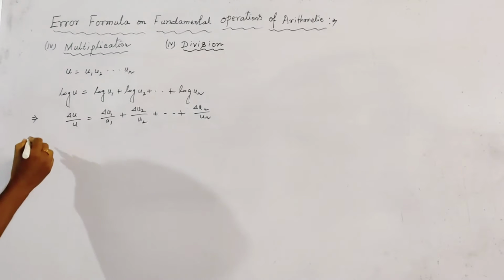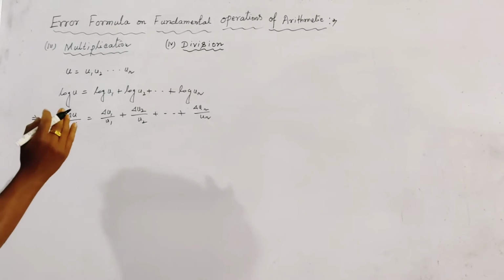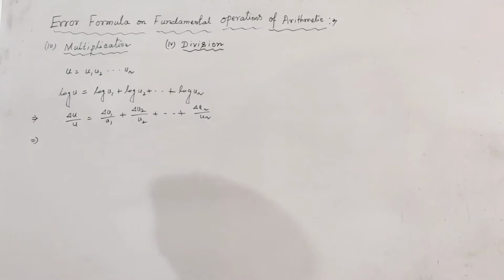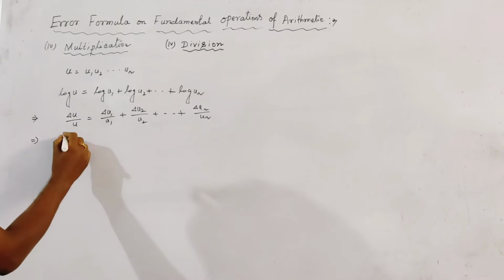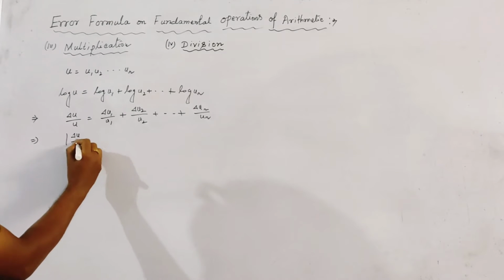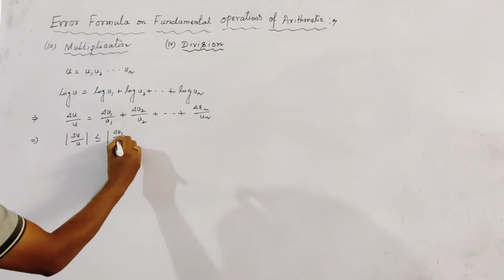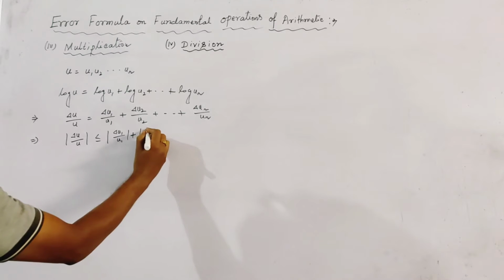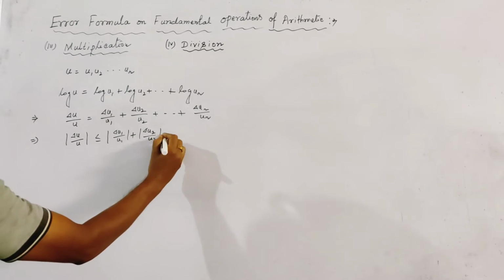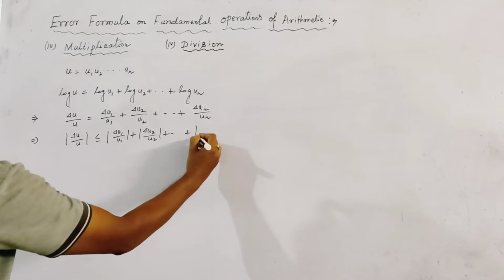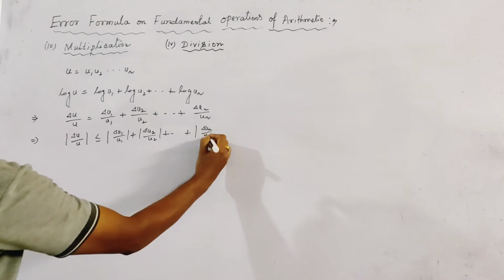So we take mod on both sides and get mod of delta u by u ≤ mod of delta u1 by u1 + mod of delta u2 by u2 and so on, up to mod of delta un by un.